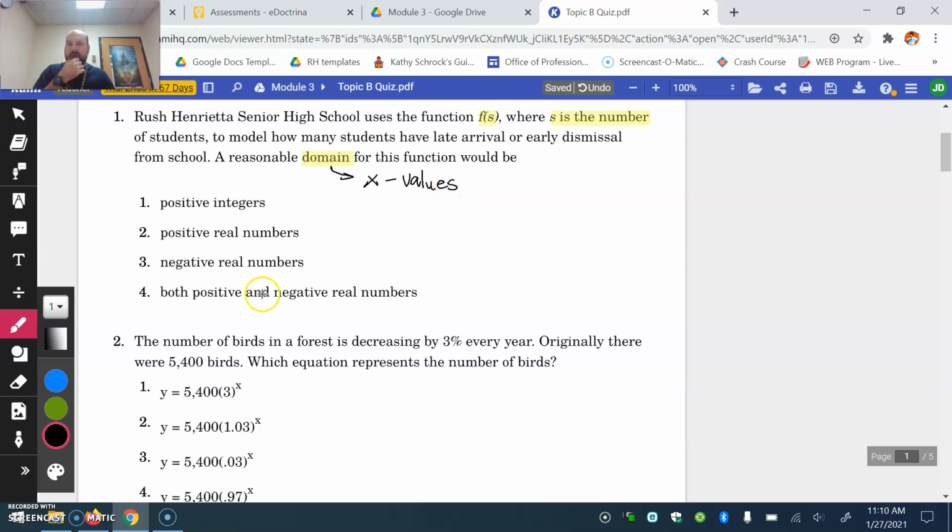So when I'm looking at these, keep in mind, is it reasonable for there to be a negative number of students or decimal students? When you're considering which of these options to pick, if you don't know what integers and real numbers are, I would look it up because that is the key to answering this question.